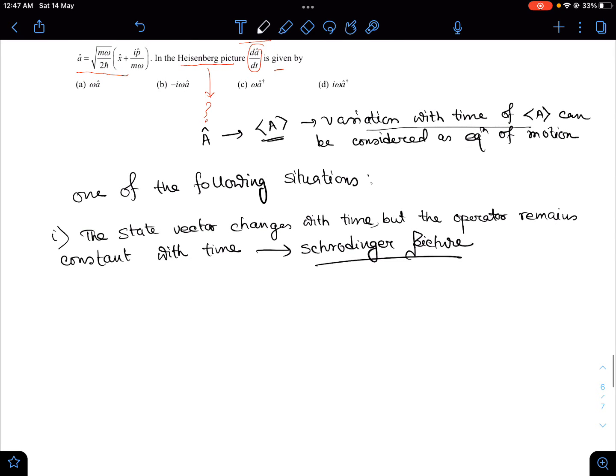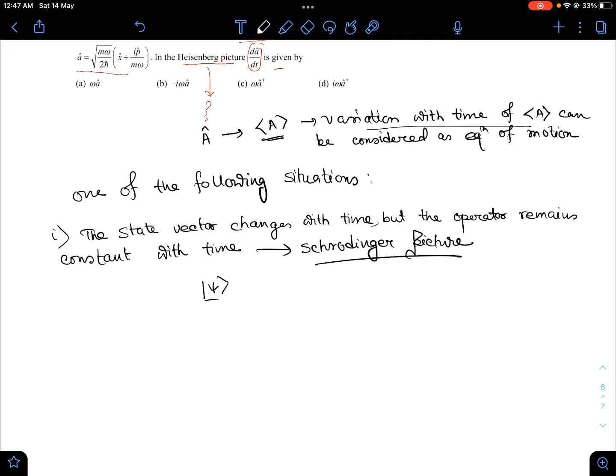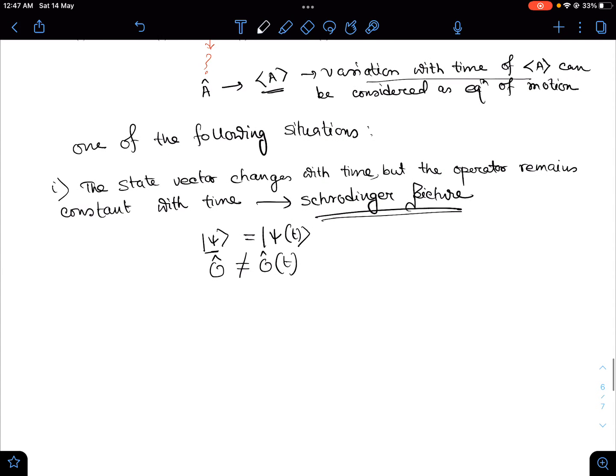In JEST we can write that the state vector changes with time, so it is a function of time, but our operator, denoted by O, is not a function of time, so it is a constant. This is called the Schrödinger picture.